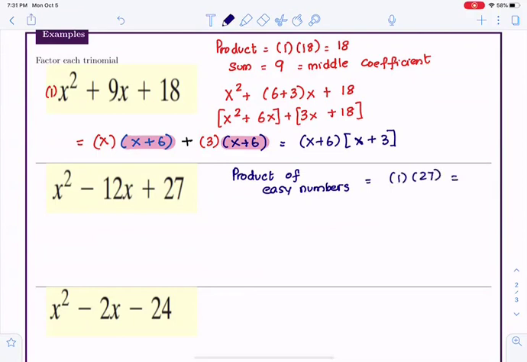It is the product of the first and last coefficients. The sum of the 2 easy numbers must equal negative 12.